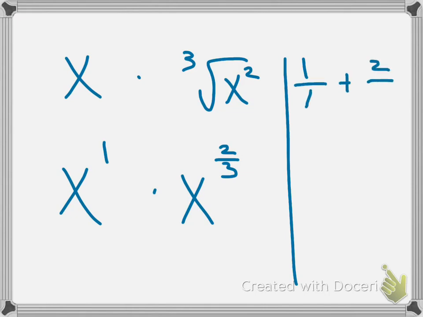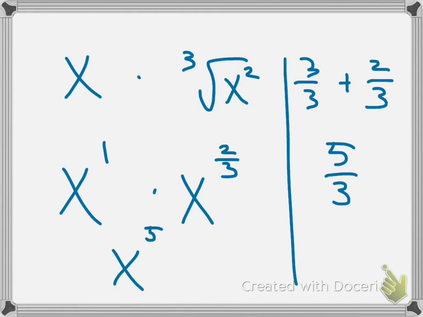Plus 2/3. 1/1 is the same as 3/3, which is the common denominator that we need, right? And so these added together become 5/3. And so keep it like that. Don't make it a mixed number. Leave it x to the 5/3. Okay, that's all we're going to do.